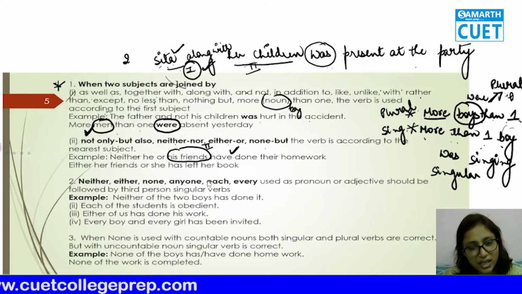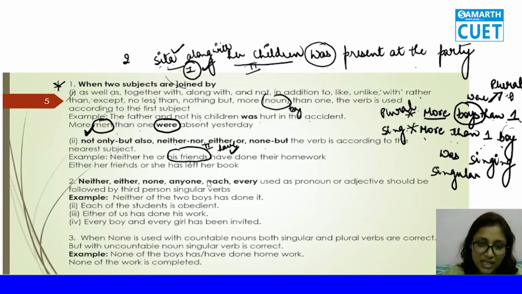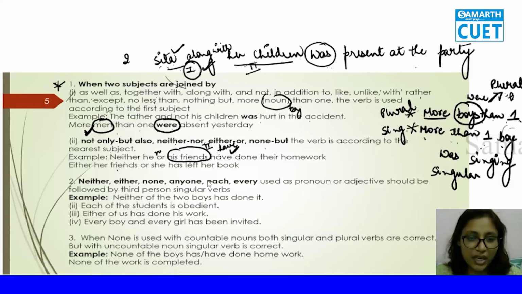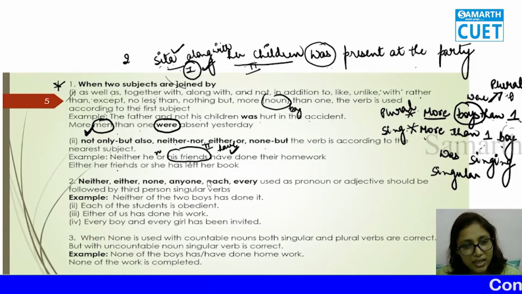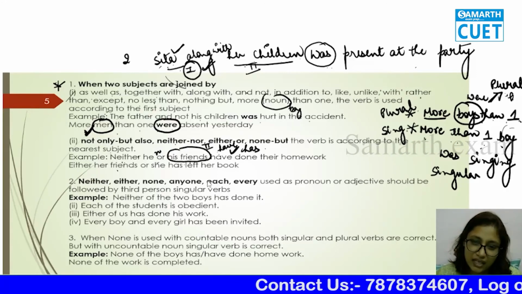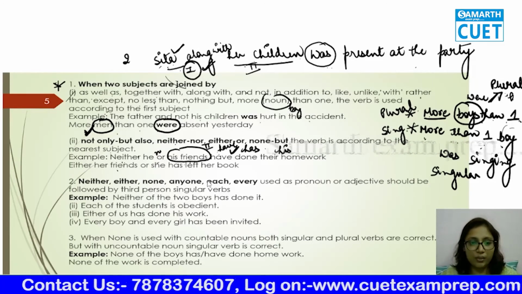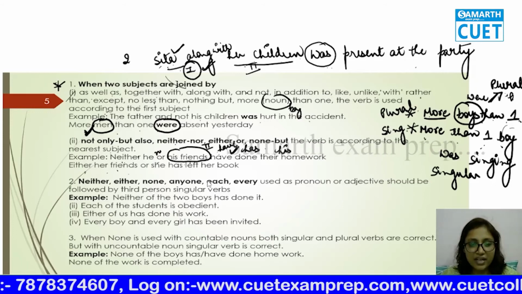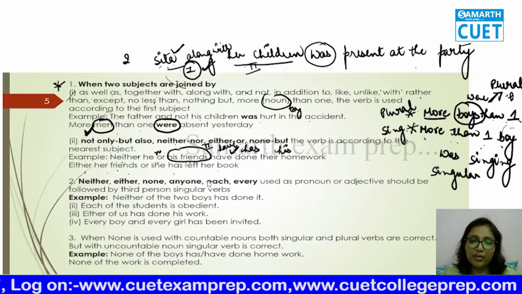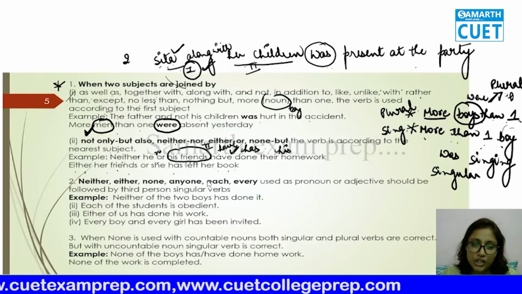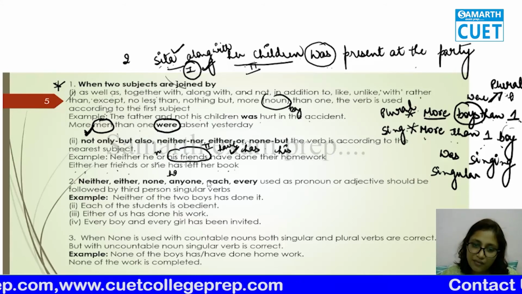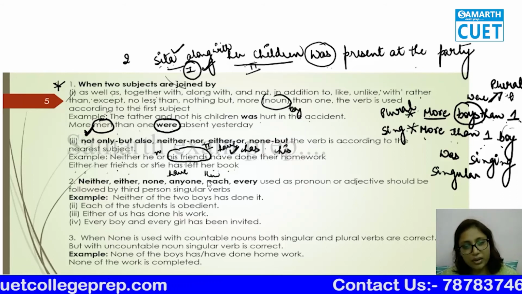The nearest is his friends, so we are going to use have. If I had used neither his friends nor he, then it would be "has done his homework." Understand? We have already discussed it in pronoun, but I'm still telling you. Similarly, either her friends or she has left her book. Similarly, either she or her friends have left the book.